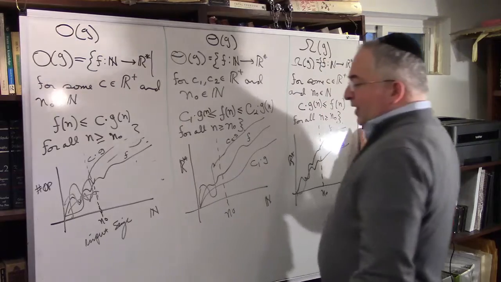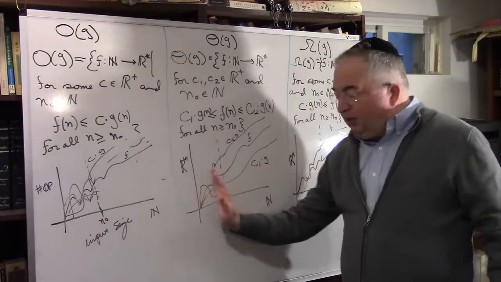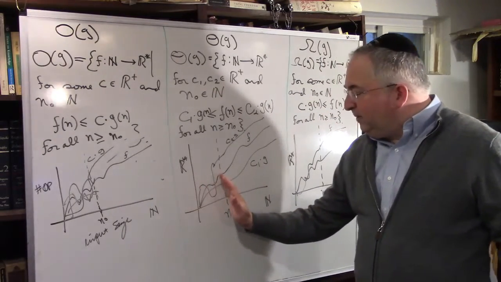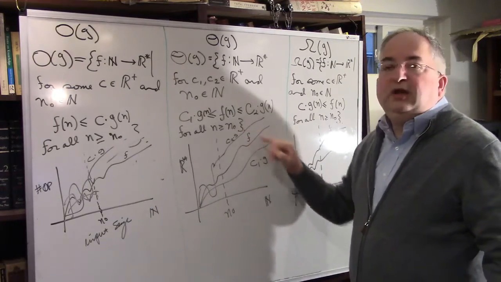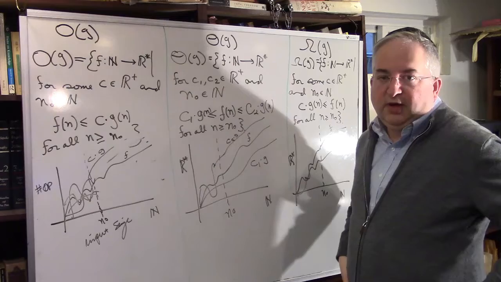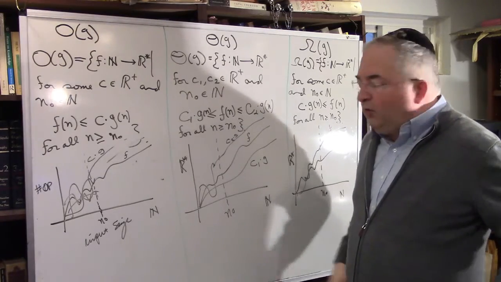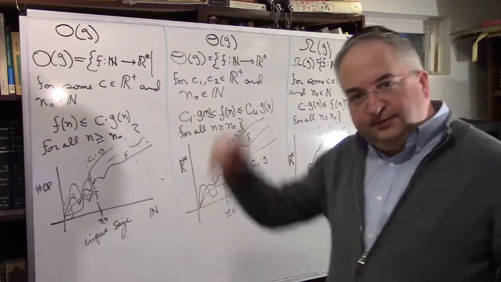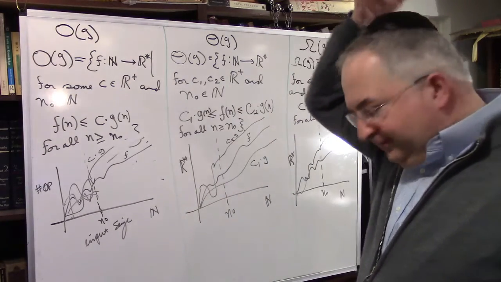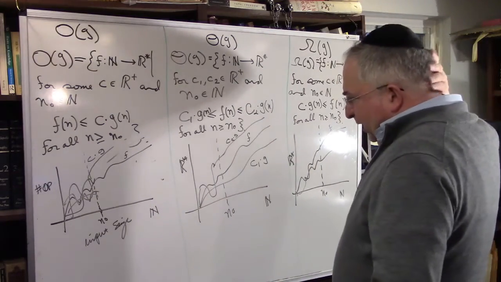Basically, we don't care what happens for the small inputs, but at some point, f is between the g's. But again, we don't care about the coefficients, so we say f grows about the same rate as g.